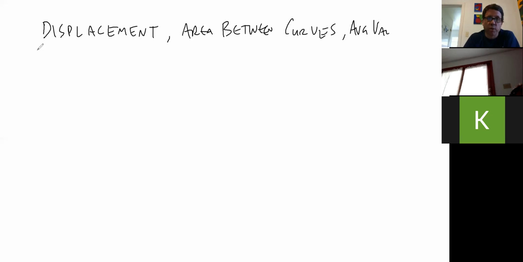So for displacement in particular, all you do is take the definite integral from your first time up to your second time of the velocity, and that's it. That gives you displacement. So all you need to do is find the antiderivative of v, plug in the 2 bounds and subtract, boom.